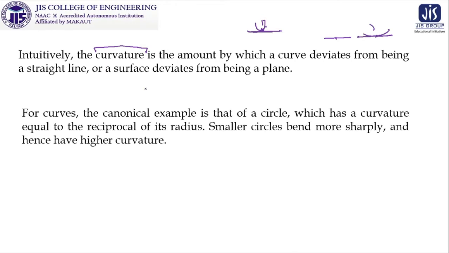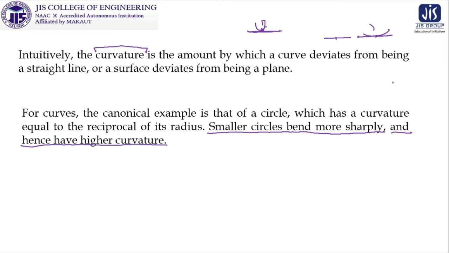Now for curves, the canonical example is that of a circle. We are considering the circle, which has a curvature equal to the reciprocal of its radius. Why? Because the calculation will be done after some time, but think about this. Smaller circles, this is a very important line for our concept, bend more sharply and hence have higher curvature.